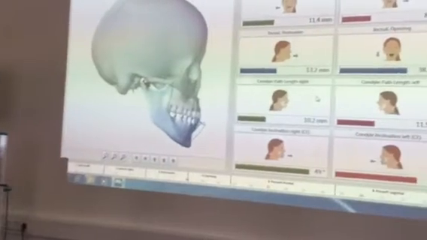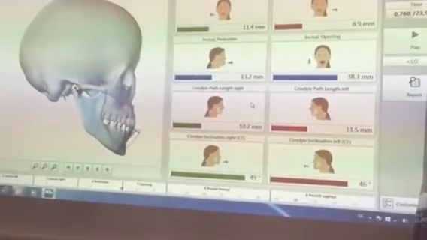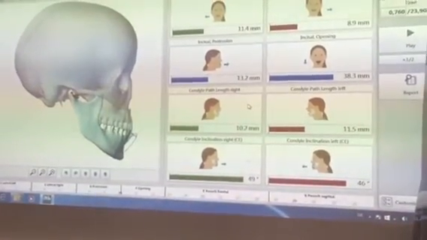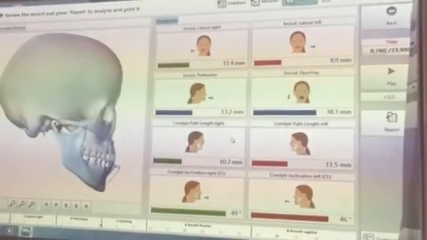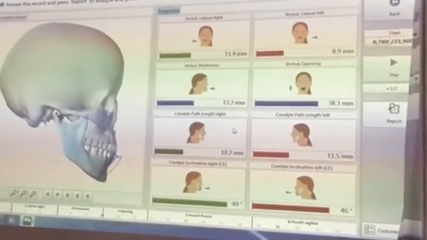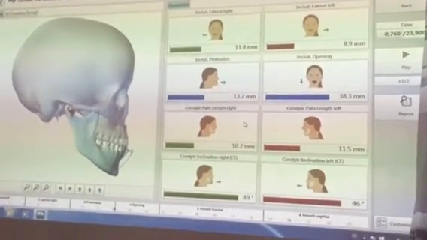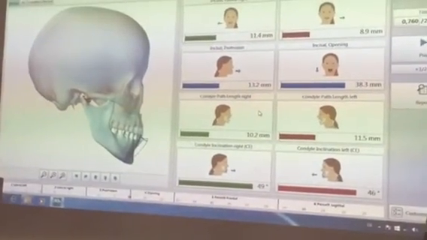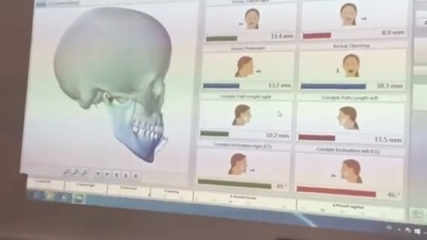So and now I already get an automatic analysis of the data. If I would give my age, I would also get normative ranges here. So what I have is, for example, an opening movement of 38 millimeters.